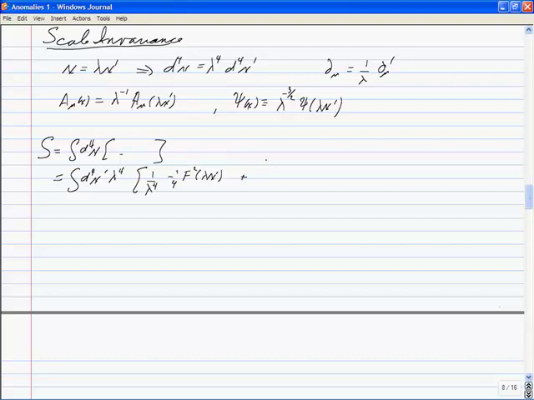Plus 1 over lambda to the fourth psi bar D slash prime psi minus 1 over lambda cubed psi bar m psi. Okay? So if the mass terms weren't there, this would be scale invariant. The mass terms break the scale invariance. So m equals 0 implies scale invariant.